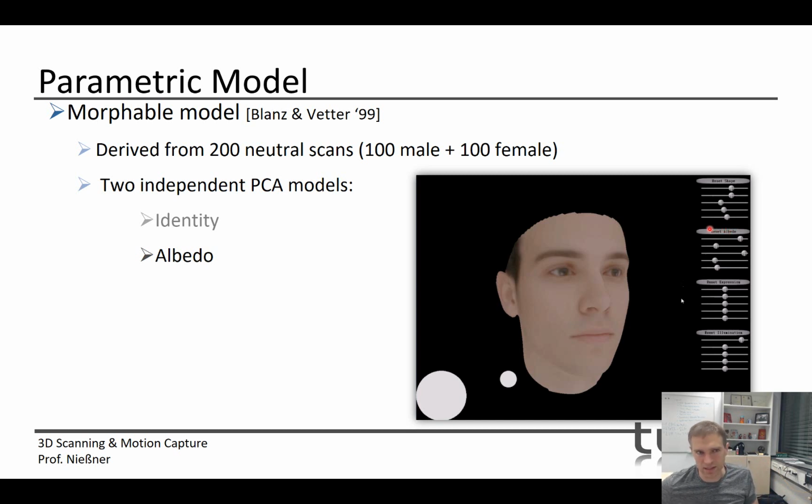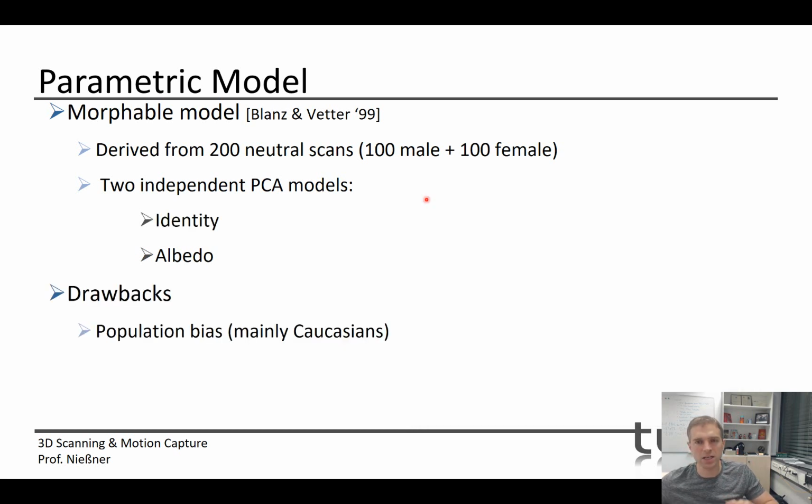In this context, I wanted to say, this is really, really cool work, but I think we also have to be very careful right now because we're talking about human faces. This is not a general distribution of all human faces. So there's actually a massive bias in these 200 scans. You're going to have mainly Caucasians in there.